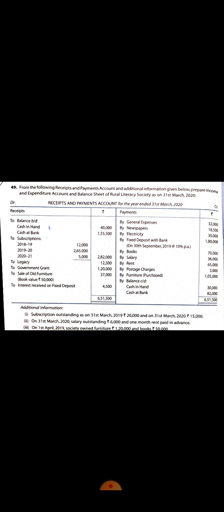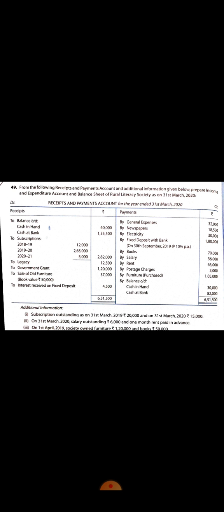Adjustment number 1. Subscription outstanding as on 31st March 2019 rupees 20,000 and on 31st March 2020 15,000. Outstanding on 31st March 2019 was 20,000, out of which 12,000 were received during the year 2019-20.